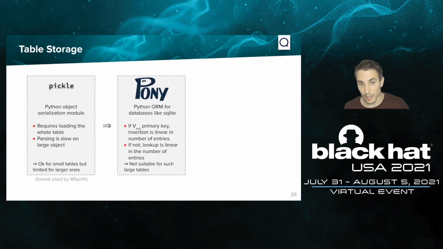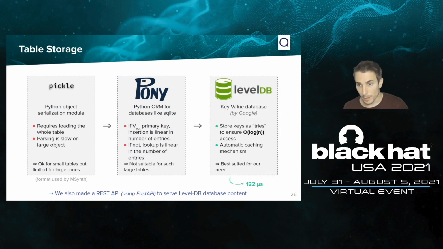Then we tried a relational database model, but either the insertions or the lookup were linear in the number of entries. So when you have millions and millions of entries, it does not work. So we ended up using LevelDB, which is a key value database made by Google, and that's working like a charm. And that ensures logarithmic lookup.